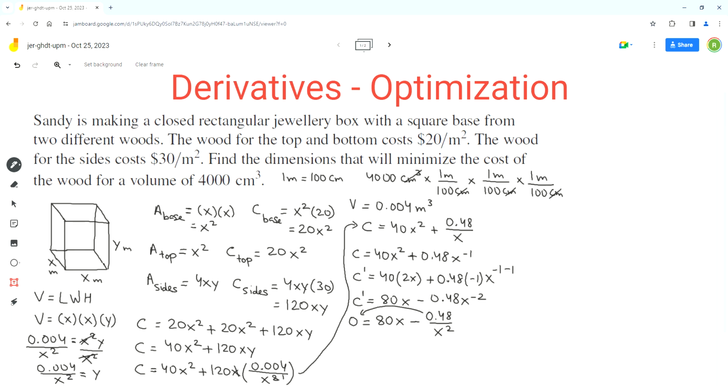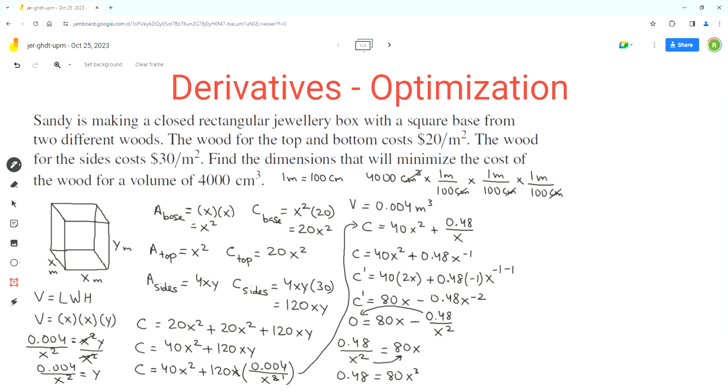And if we do that, this fraction will become positive. So we get 0.48 over x squared equals 80x. Now we can cross multiply the denominator x squared, so we get 0.48 equals 80x cubed.